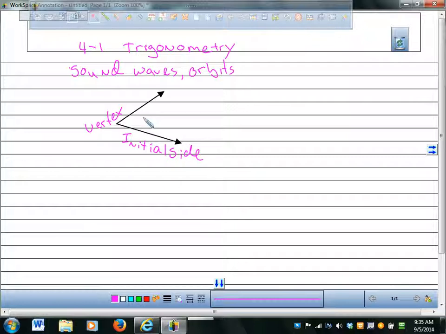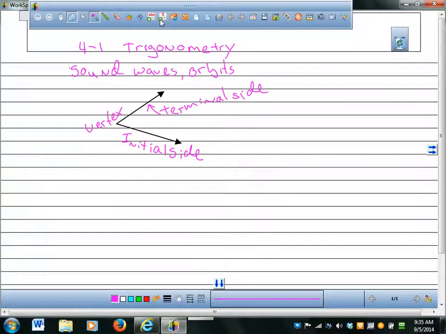And this side over here is called the terminal side. So an initial is where you start, and terminal is where you end, right? The reason they call it that is because when you measure an angle, you measure it as a rotation from the initial side to the terminal side.